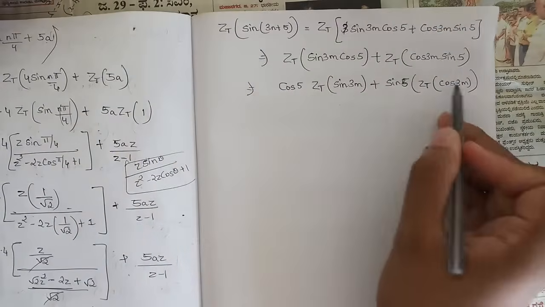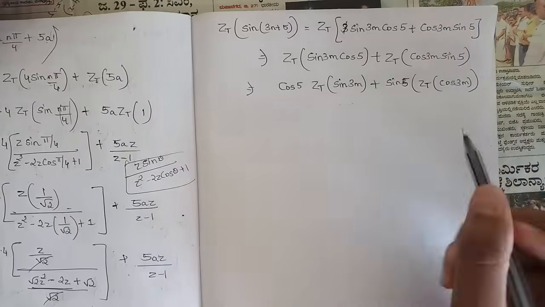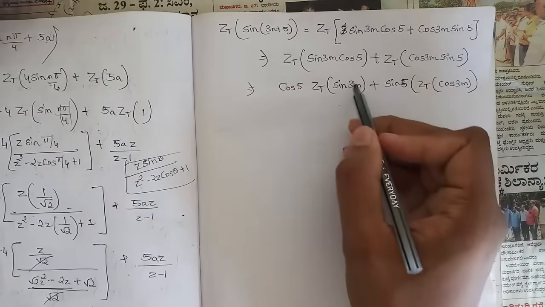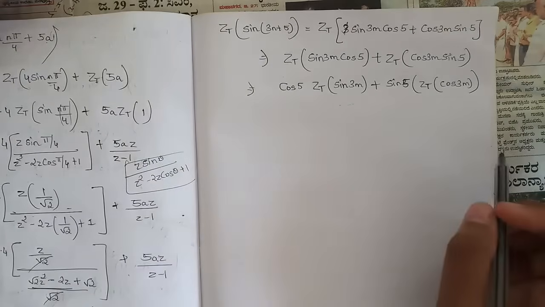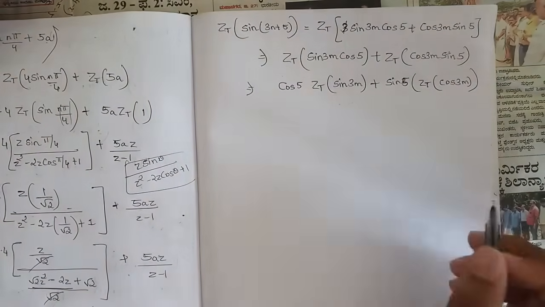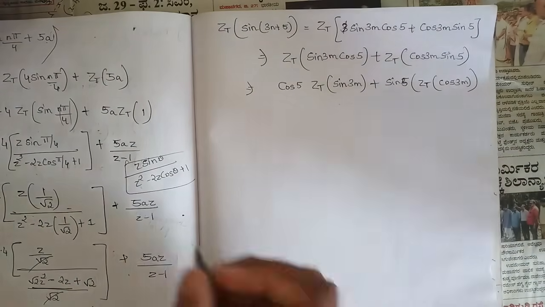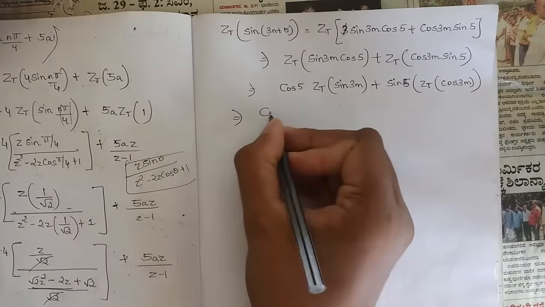So this corresponds to sin n theta and cos n theta, where in place of theta there is 3. So we need to apply those z transforms that we have already written in our previous class. Let's write those down.